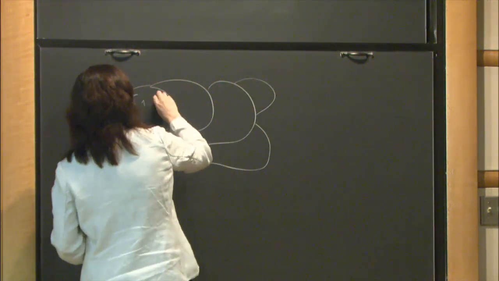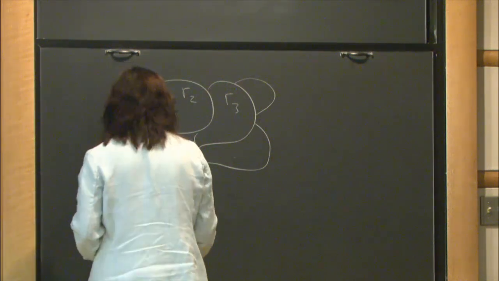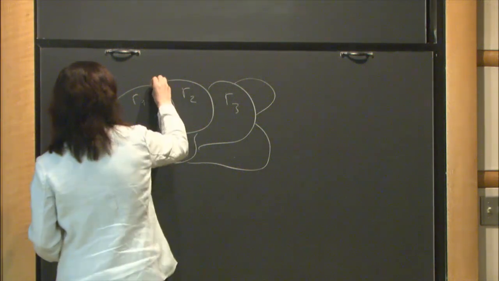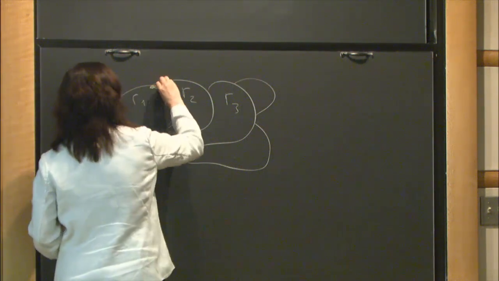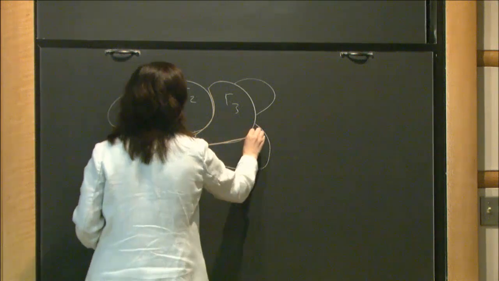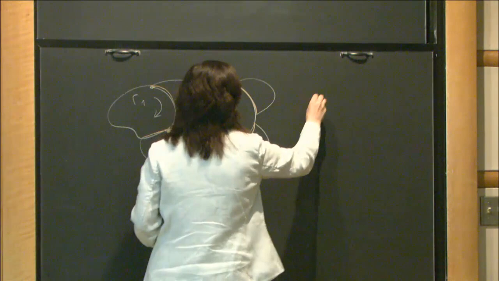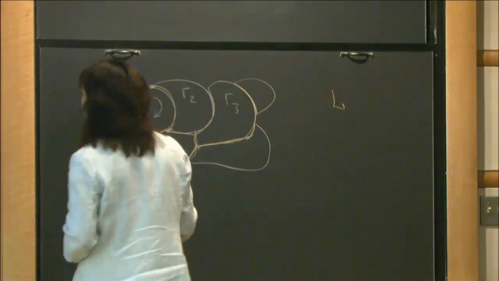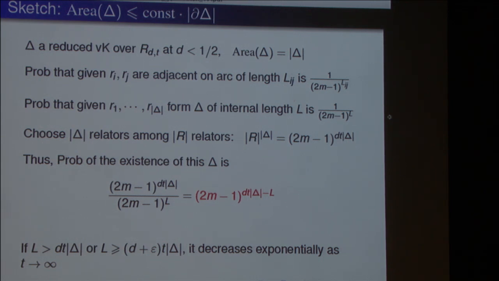These are relators you read, etc. And we consider the internal length, everything which is internal. This was our length L, or a word. This is for given relators, and now we can choose relators, and we estimate it like this.